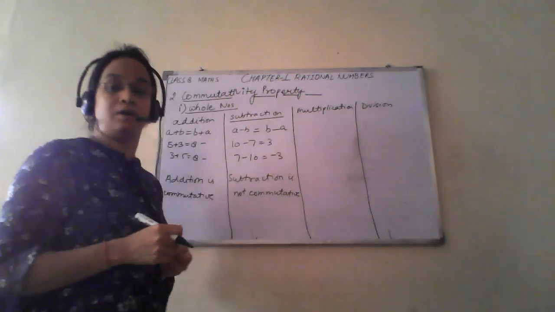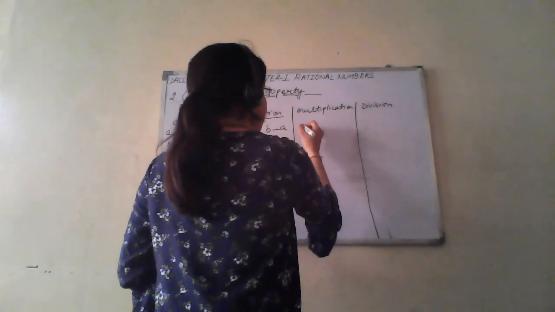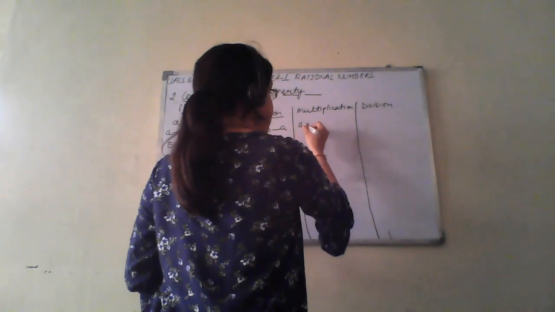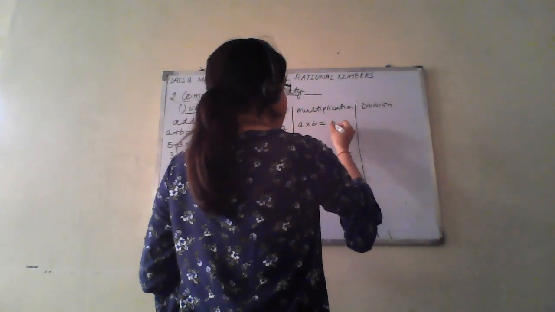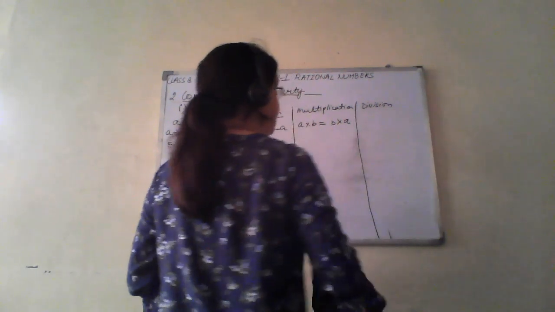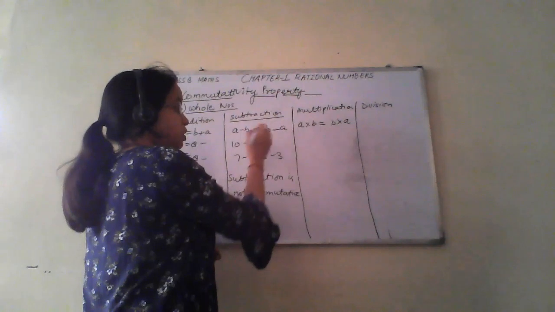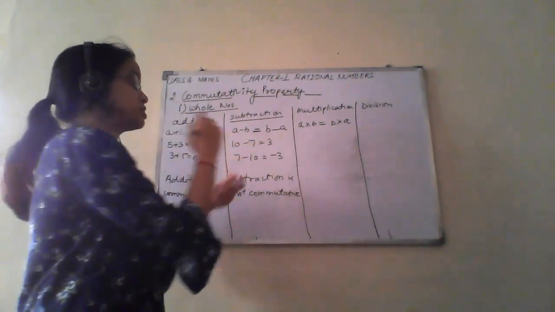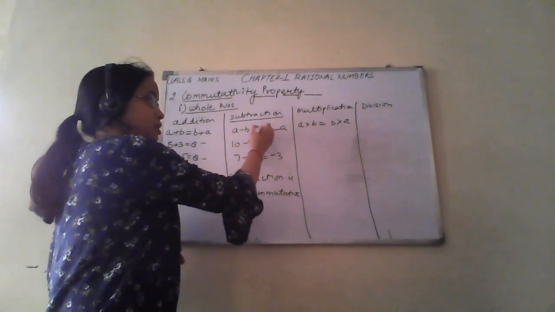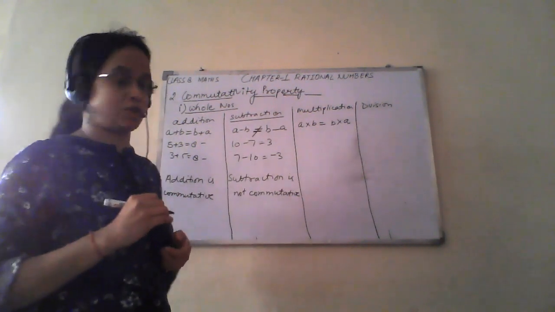Now we'll check it for multiplication. What we have to check is whether a into b is equal to b into a or not. In the case of subtraction, the sequence does have an effect on the result, so this property does not hold true for subtraction.